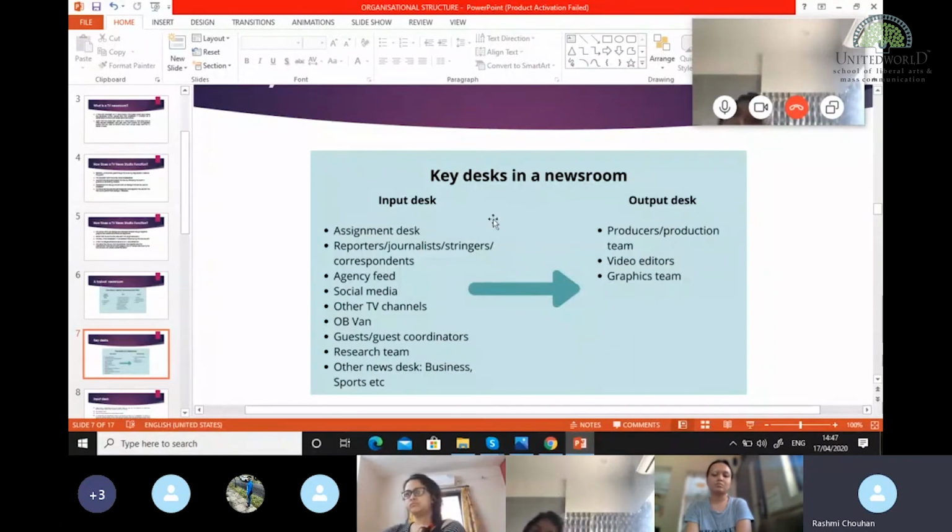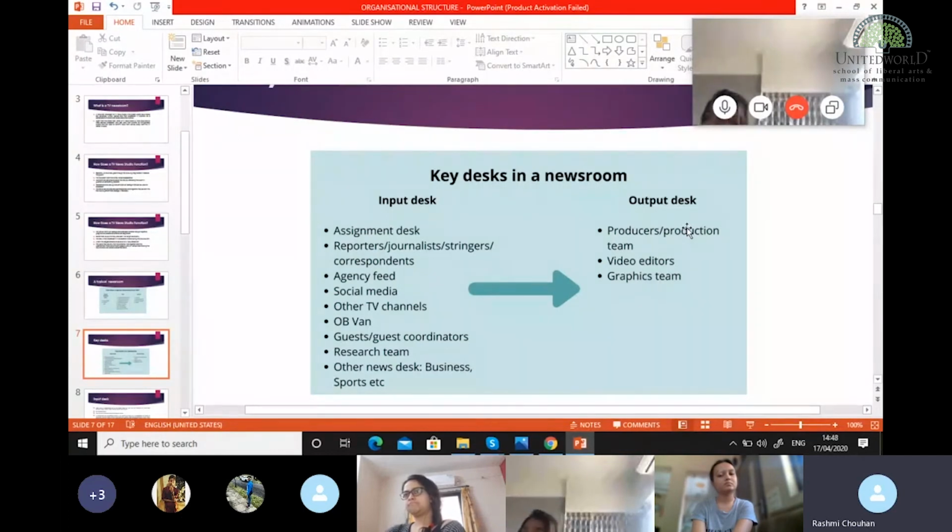Now look at the entire chart holistically. See, input desk has all those people who give information or through whom the information comes to the news studio. All this information is then passed on to output desk, and producers are part of output desk, so they are people who are responsible for release of news.